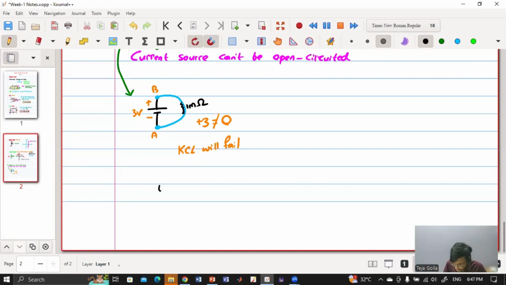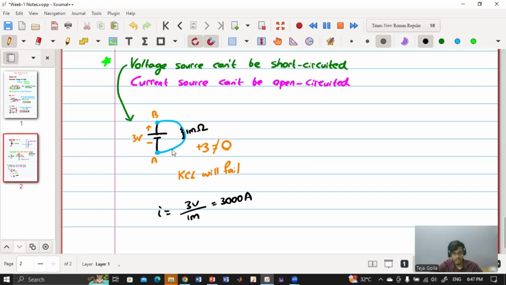Then the current will be 3 volt by 1 milliohm, which is 3000 amperes. A lot of current will flow through that path and the battery will blast. So you should not do it. Theoretically also it is not possible because KVL will fail. Any circuit which shows a voltage source short circuited is not correct, and you should not do it practically because it will blast.